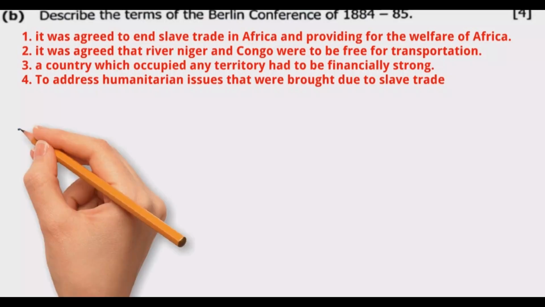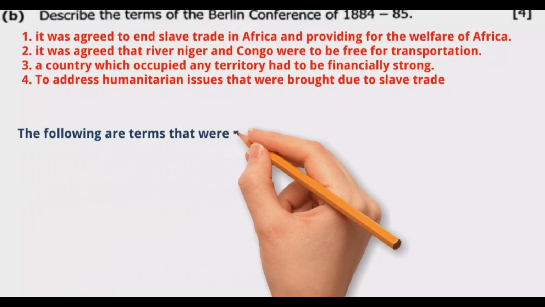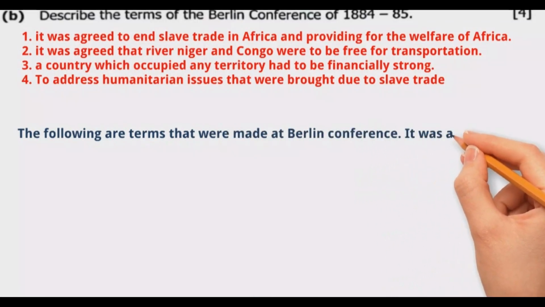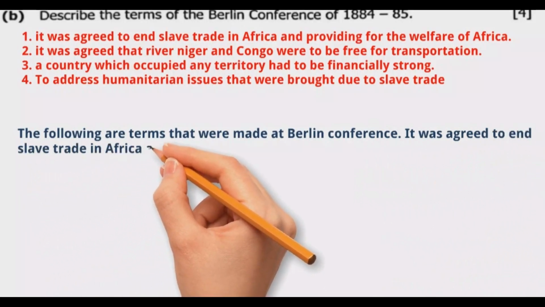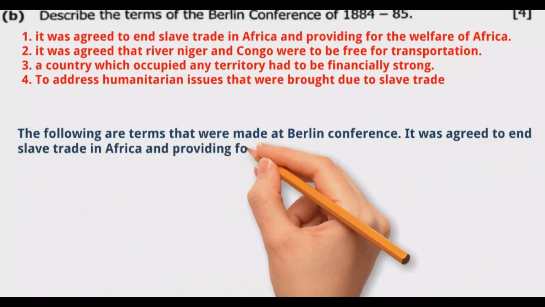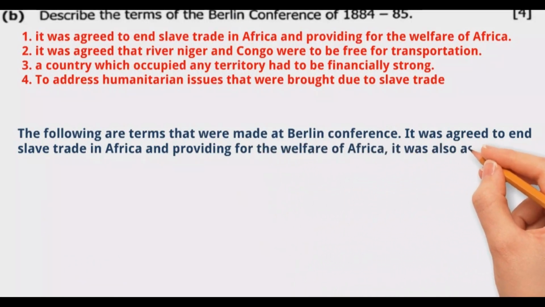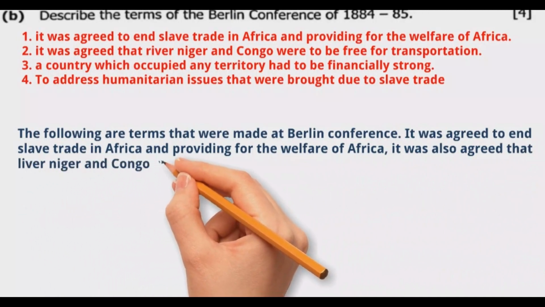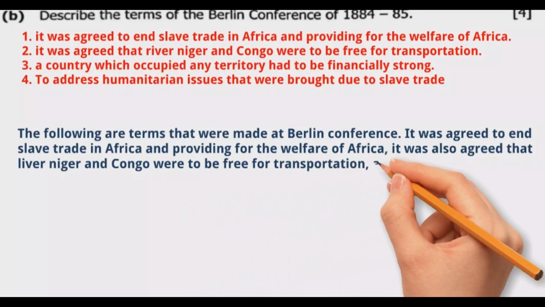Okay, the following are terms that were made at the Berlin Conference. It was agreed to end slave trade in Africa and providing for the welfare of Africa. It was also agreed that River Niger and Congo were to be free for transportation.